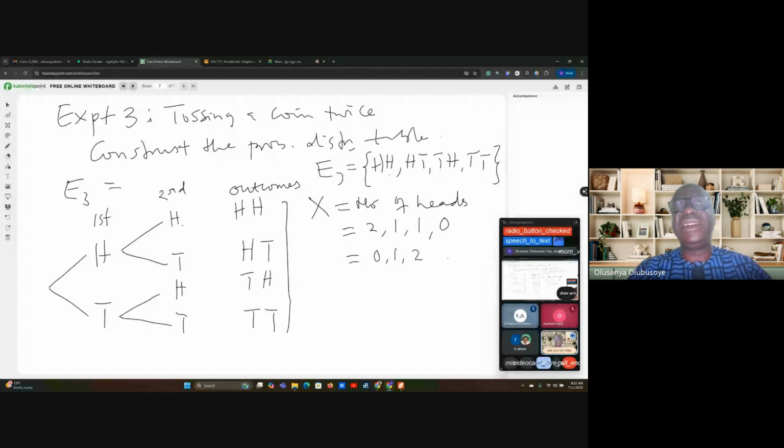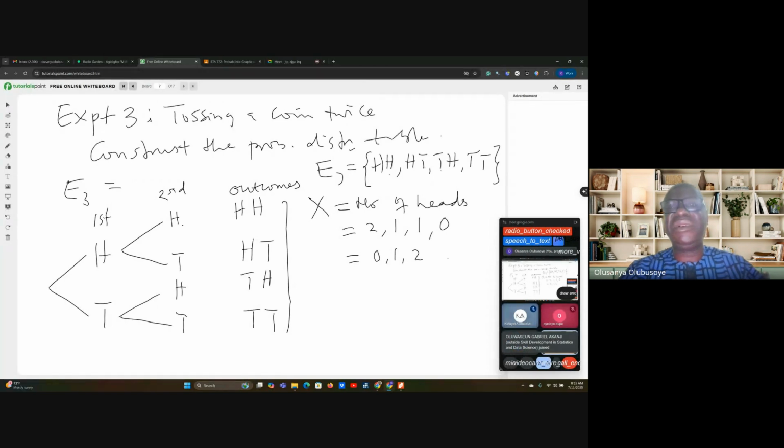When it is 1, it means you either have head, tail or tail, head. And when it is 2, it means on the 2 occasions of tossing the coin you have head appearing.